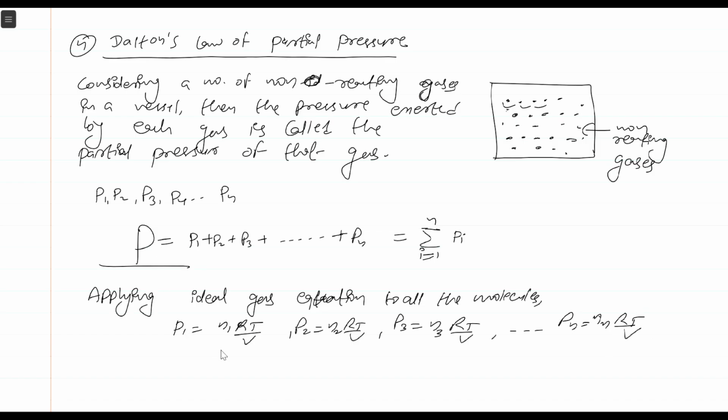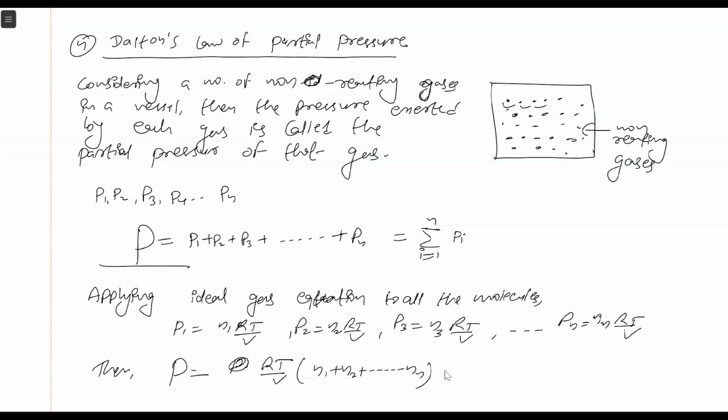And if we put these values over here, then what do we see? Then total pressure P will be equal to, if we take RT by V common from all of them, RT by V into N1 plus N2 plus dot dot dot Nn. So we get this equation.